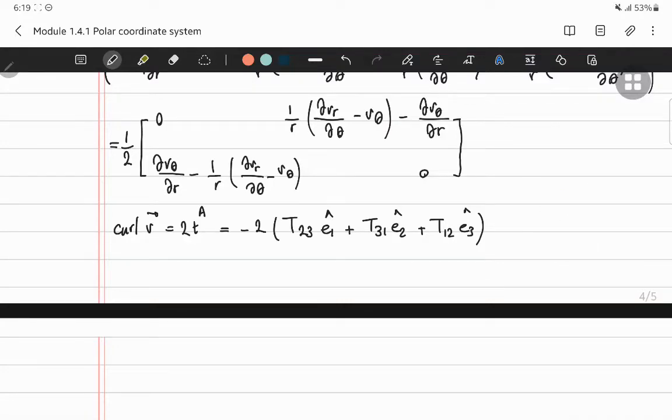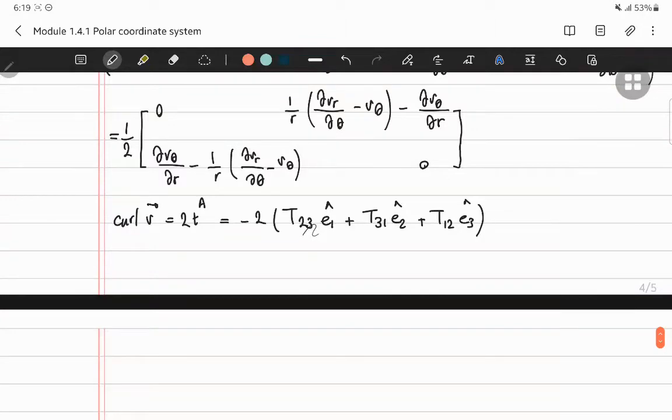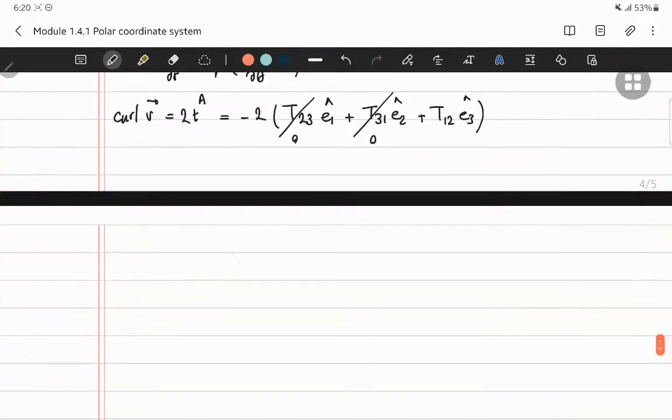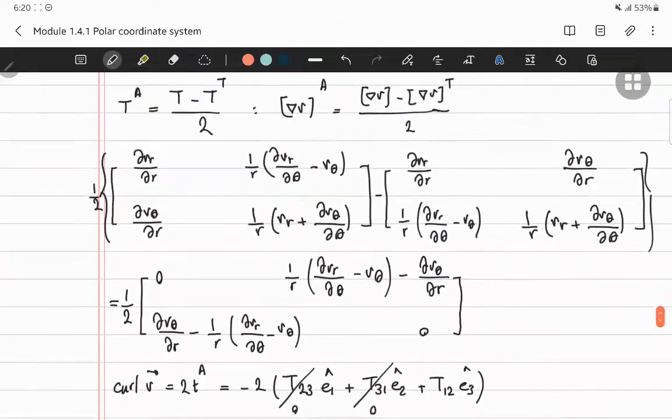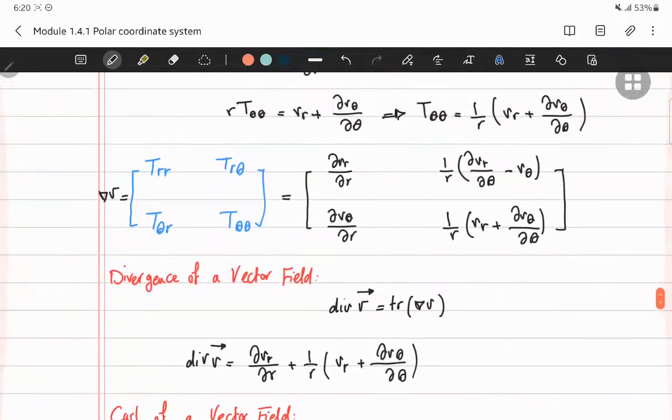Since this is basically r and θ, we don't have any z, so there is no 3 component here. So this is 0, this is 0, and we only have this. This is equal to, and this 2 here cancels out this, so we have a minus here. So this is T_rθ E3, so minus T_rθ, which is this component here.